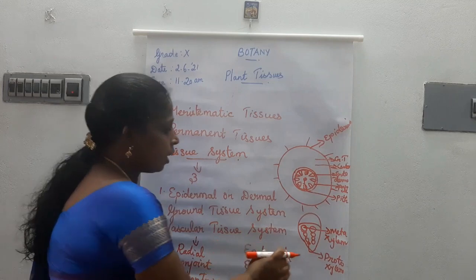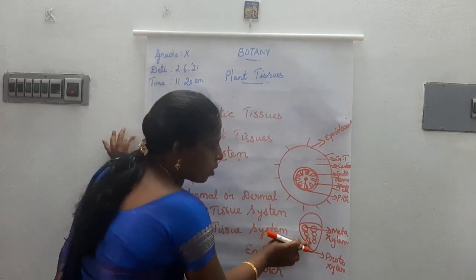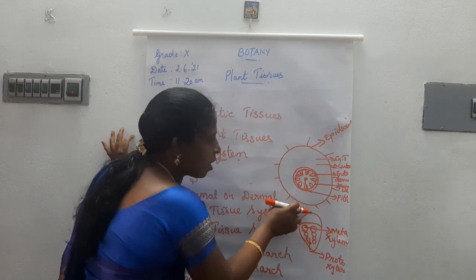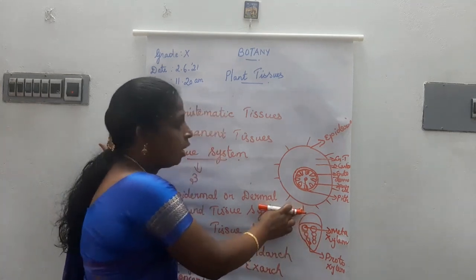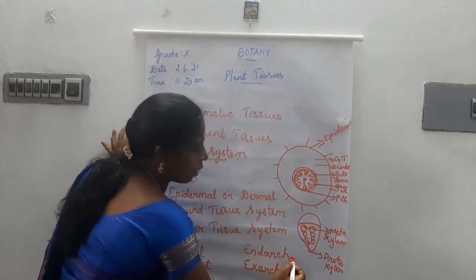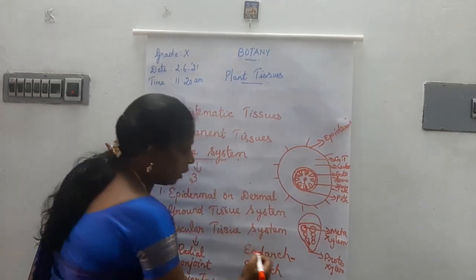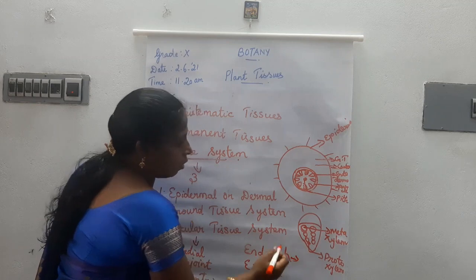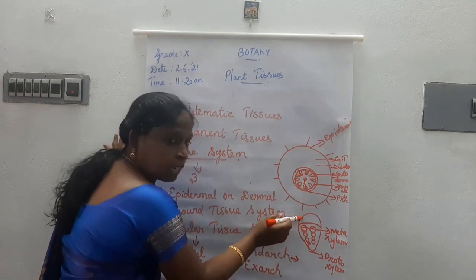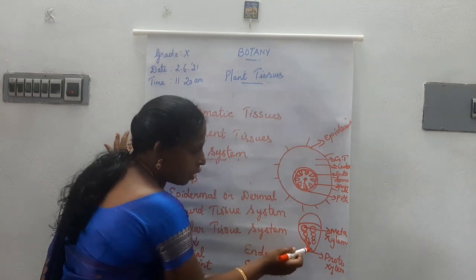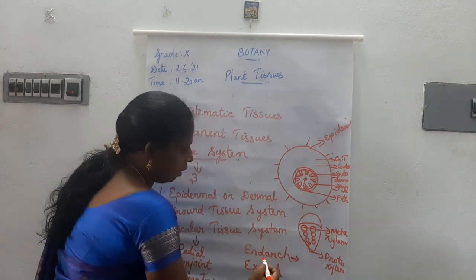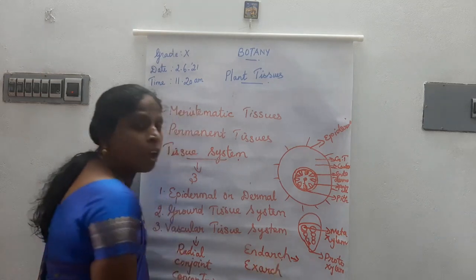Now, what is endarch? In endarch, metaxylem lies towards the periphery and the protoxylem lies towards the center. That type is called the endarch condition.